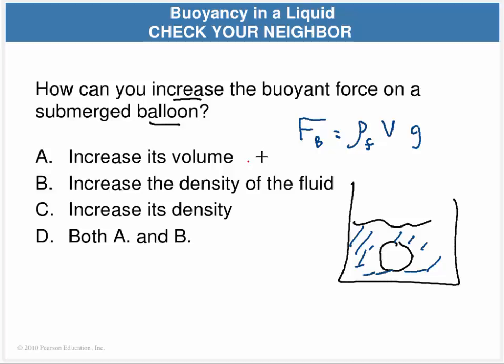Obviously, if we increase the volume, so as this guy gets larger, then the buoyant force is going to go up. We could also increase the density of the fluid, so as this guy goes up and that guy goes up. Increasing the density of the object is not going to do a darn thing about the buoyant force on it, because this is the density of the fluid, not of the object. Be very careful. So it's going to be both A and B.